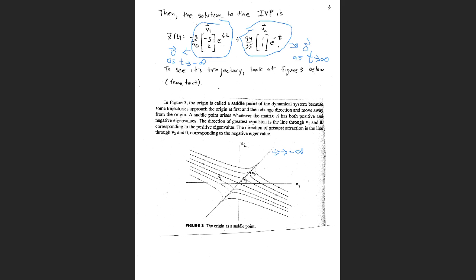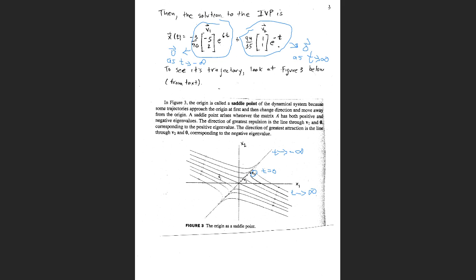So in terms of the trajectory, this is why the trajectory is behaving as it's behaving. Here at x naught, that's when t equals 0. So I think that's probably the best way to describe it.